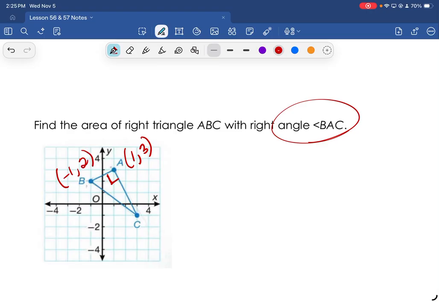See? If you get that wrong, that's going to mess up your entire distance formula and you will not be happy because you know that thing is not fun. Okay, where's C located? 3, negative 1. 3, negative 1. Okay. Carefully find the distance of AB and carefully find the distance of AC.